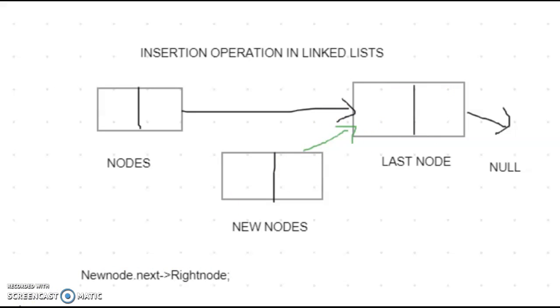So next we will need to bring the node which is on the left to point to the new node instead of the last node. So this has to be cancelled and this node will point here. We can actually delete this connection.